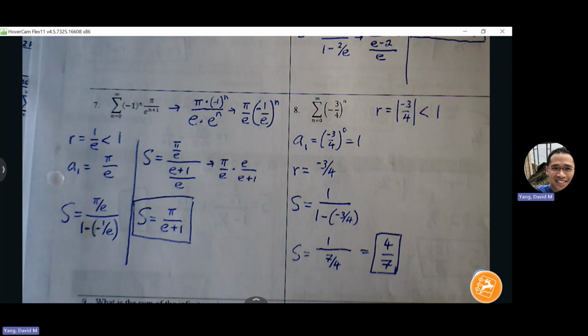That's my answer, sorry. I rearranged 7 in a way where I see that I can merge that together to be -1/e, and that convinces me that's my r value. For some reason, I was just thinking that to the 0 was negative. Oh, no, still positive. Okay, but let me show number 6 first.